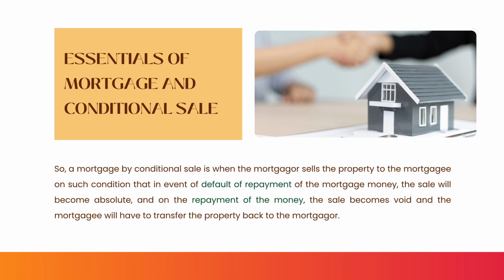So, a mortgage by conditional sale is when the mortgagor sells the property to the mortgagee on such condition that in the event of default of repayment of mortgage money, the sale will become absolute, and on the repayment of money, the sale becomes void, and the mortgagee will have to transfer the property back to the mortgagor.